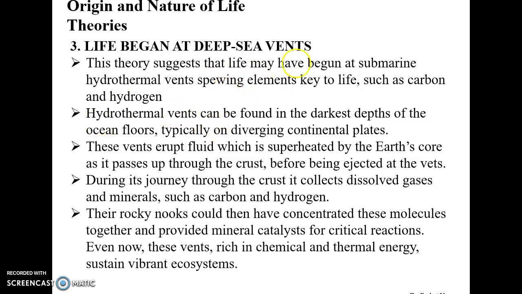These vents can be found in the darkest depths of the ocean floors, typically on diverging tectonic plates, and they erupt superheated fluids. Before passing through the crust, the fluid collects dissolved gases and minerals such as carbon and hydrogen, and these rocky nooks concentrated these molecules together and provided the way to the origin of life.